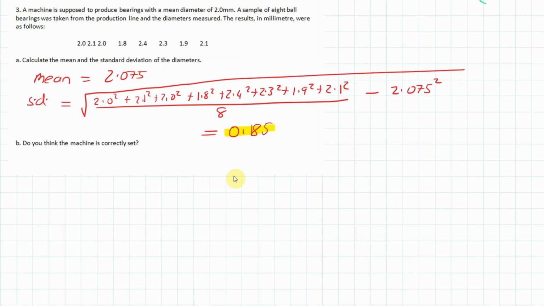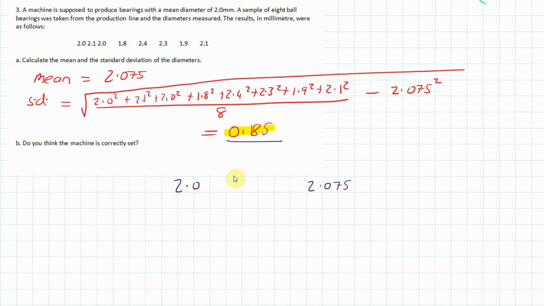Okay, so this last question is, do you think the machine is correctly set? Well, we know that we're looking for a mean of 2.00 mils. And the mean that we got was actually 2.075. So it's slightly higher.